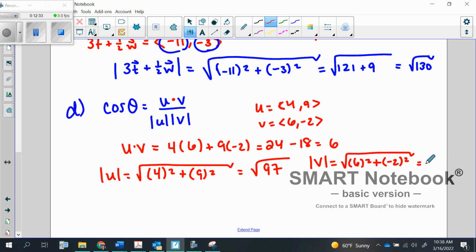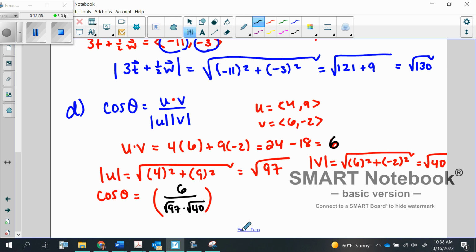So that just gives me the square root of 40. And I'm really not going to simplify too much here. I'm going to be plugging in, so I can get the calculator, I can let it do a lot for me. So my dot product, I ended up getting 6 over my magnitude of U, square root of 97 times square root of 40.